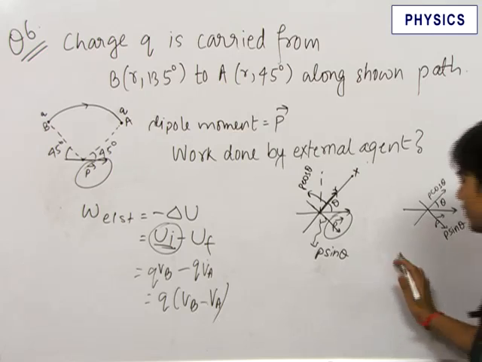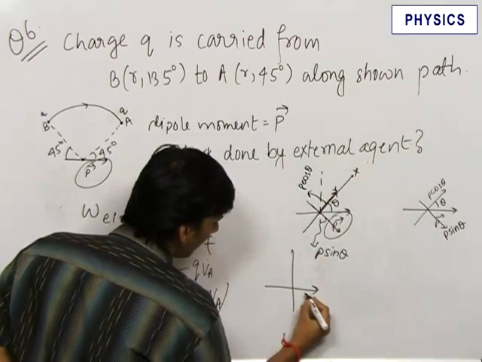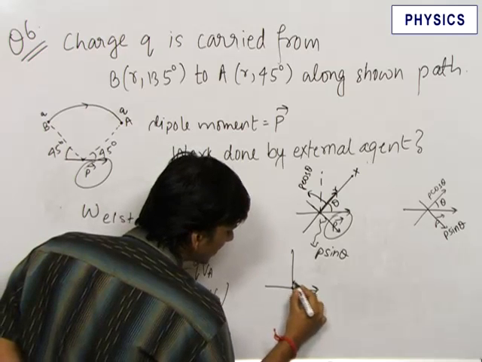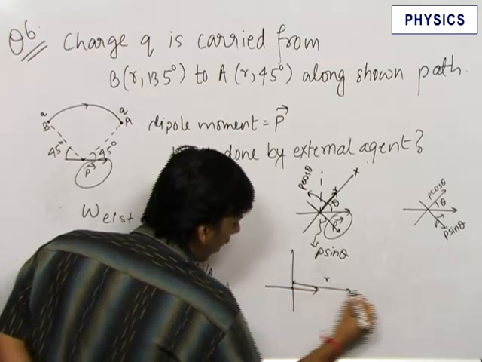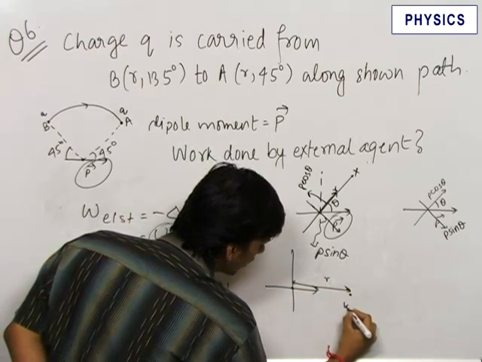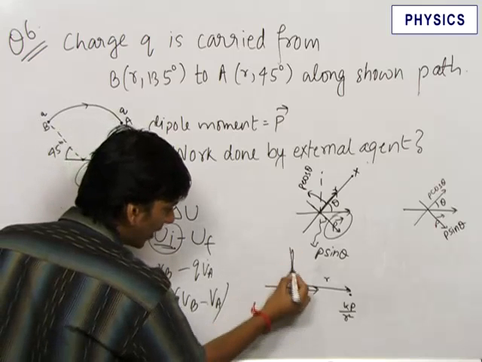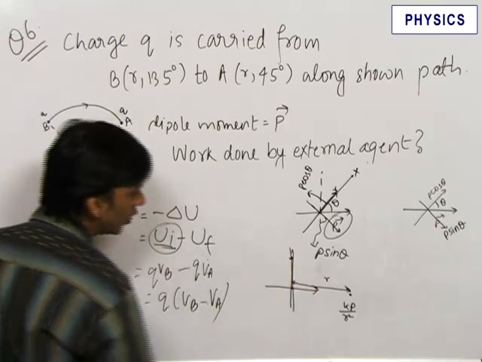Now we know that due to a dipole, the potential at a distance r along the dipole at this point is equal to Kp upon r square, and along the equatorial plane due to this dipole is 0.